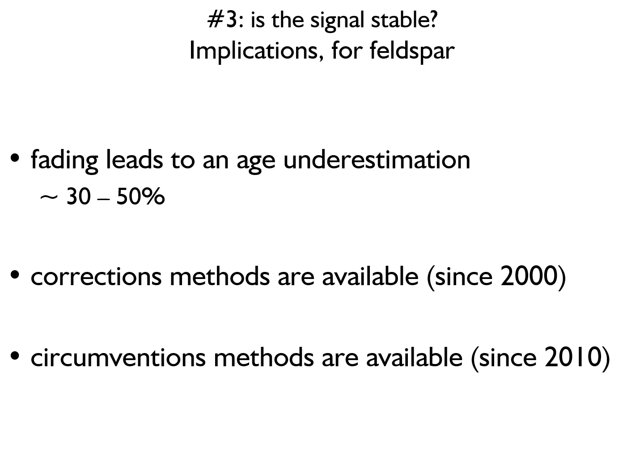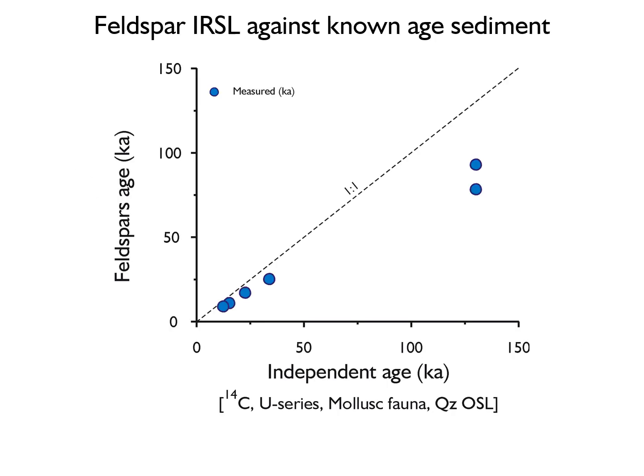But all of that is a subject for another time. What I show here is the luminescence age derived from feldspar against independent ages, and if we simply measure the luminescence age from feldspar, we can see that it underestimates, and quite significantly.